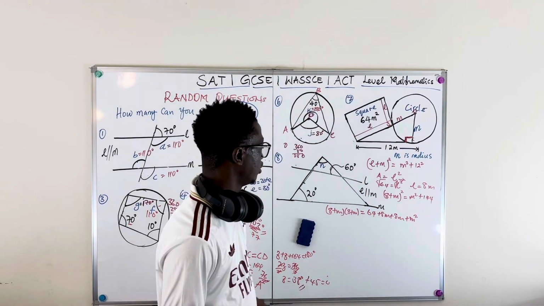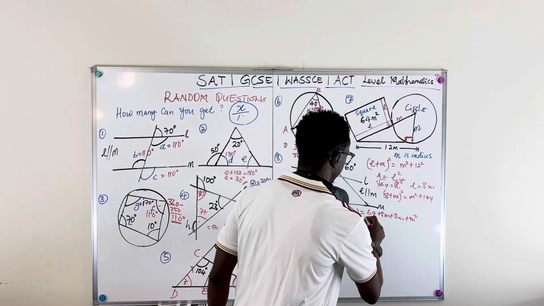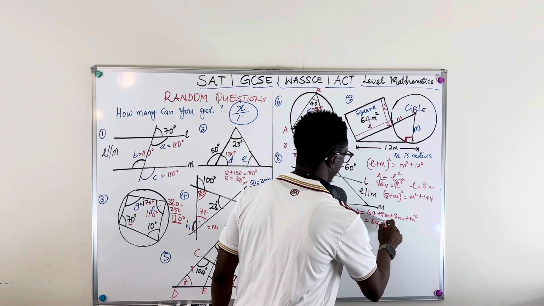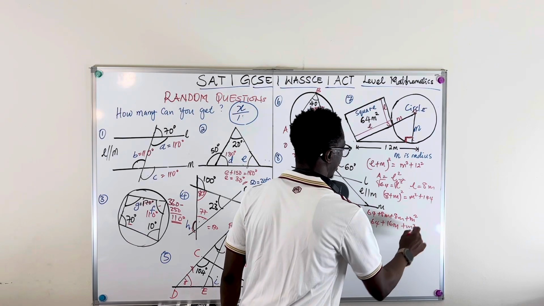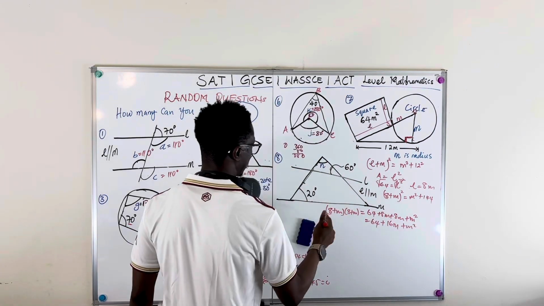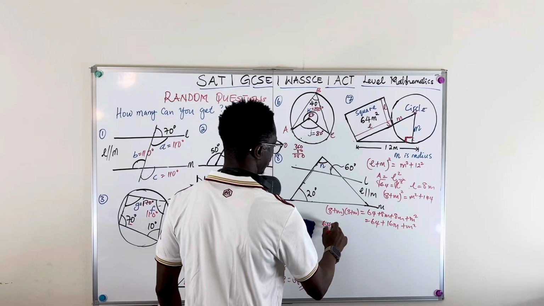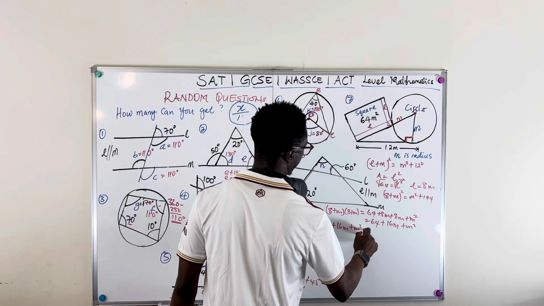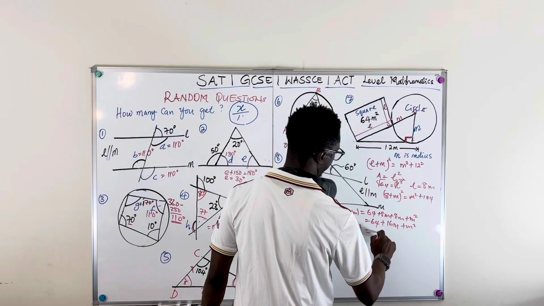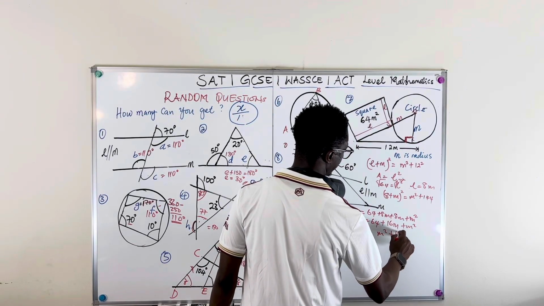So that's the expansion: 64 plus 16M plus M². That is it for the left hand side. So we have 64 + 16M + M² = M² + 144.